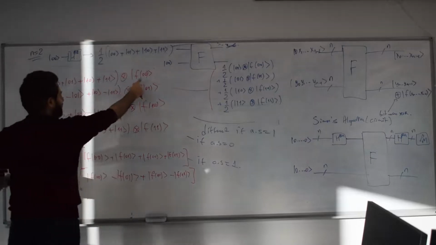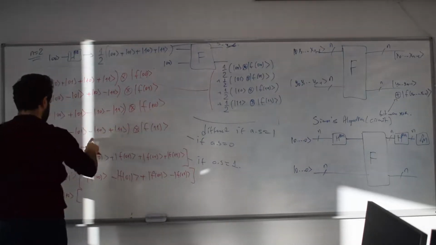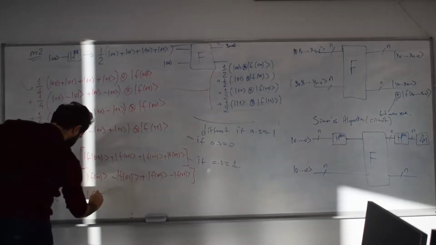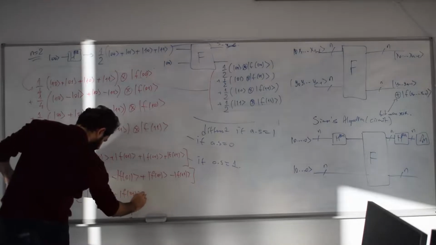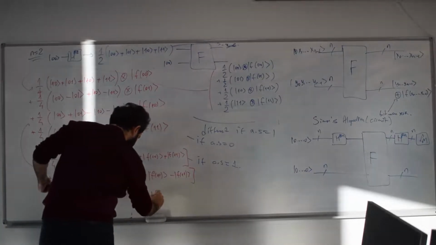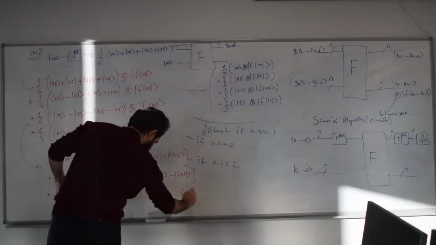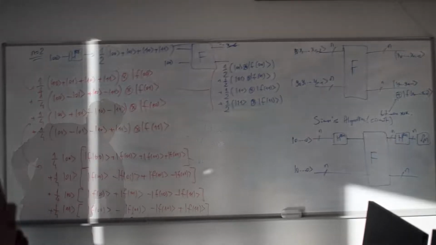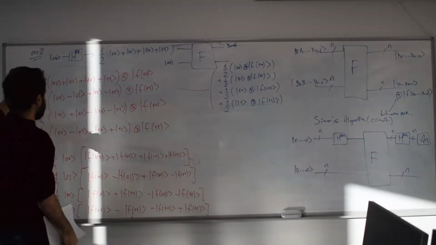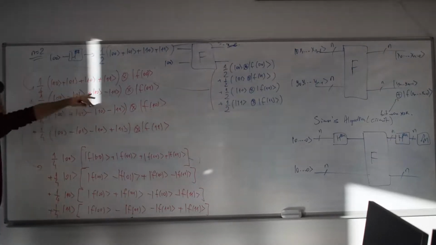So therefore, F00, F01 are plus, and F10 and F11 are minus. Okay, so F00 plus F01, they're plus, and the rest are minus, F10 minus F11, they're all inside kets again. And okay, so this is the final rearranged terms. The same expression, but written in a different way, using column-wise.